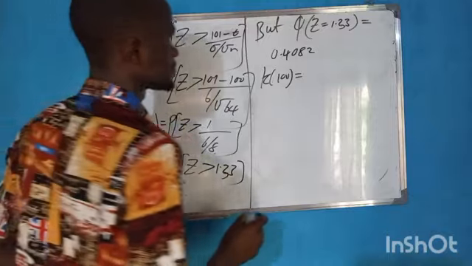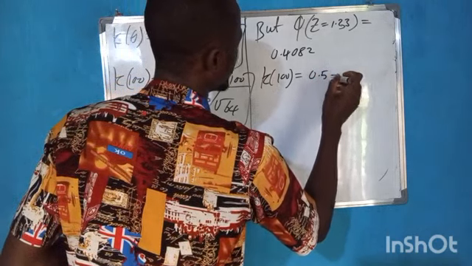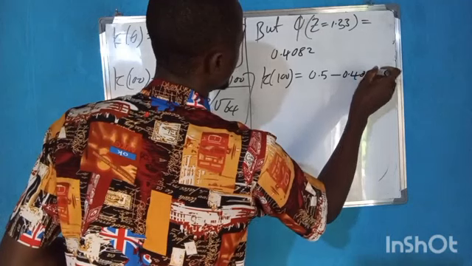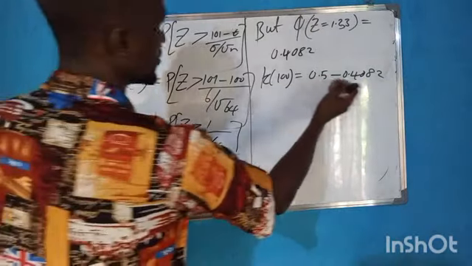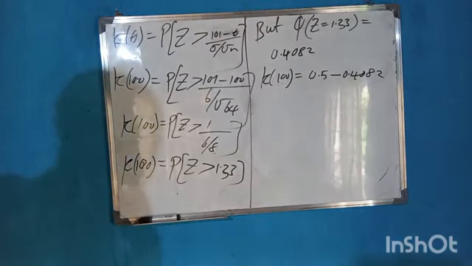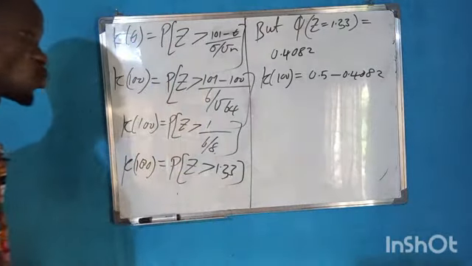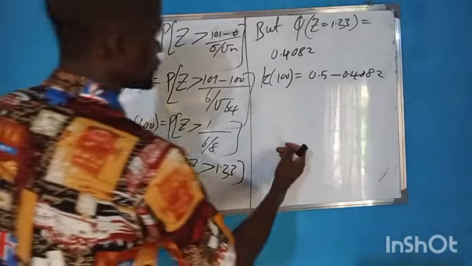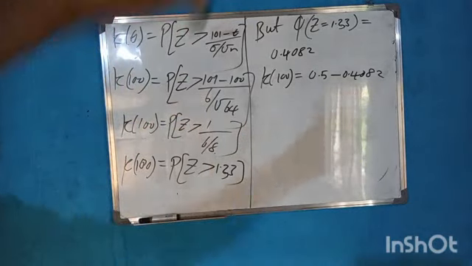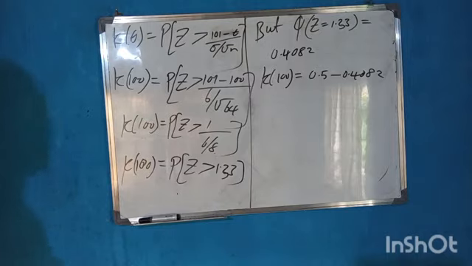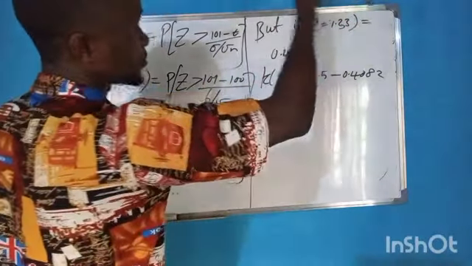I have told you why I use 0.5 minus. The total area under a normal curve is 1. From the center of the curve, which is 0, to the right is 0.5 and to the left is 0.5, and Z equal to 1.33 is moving toward the right.